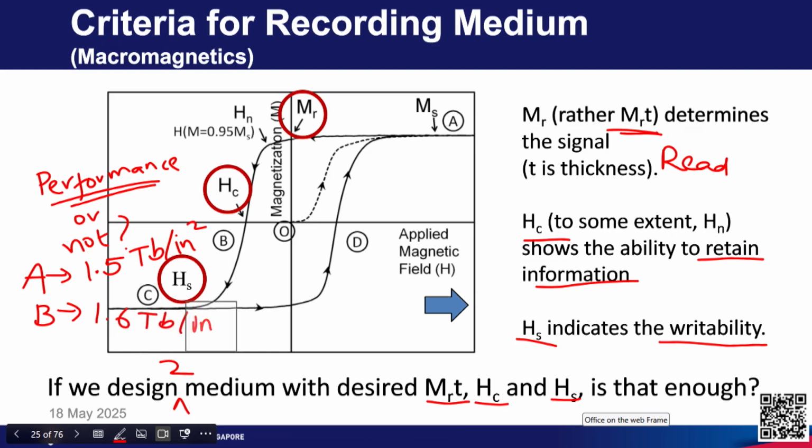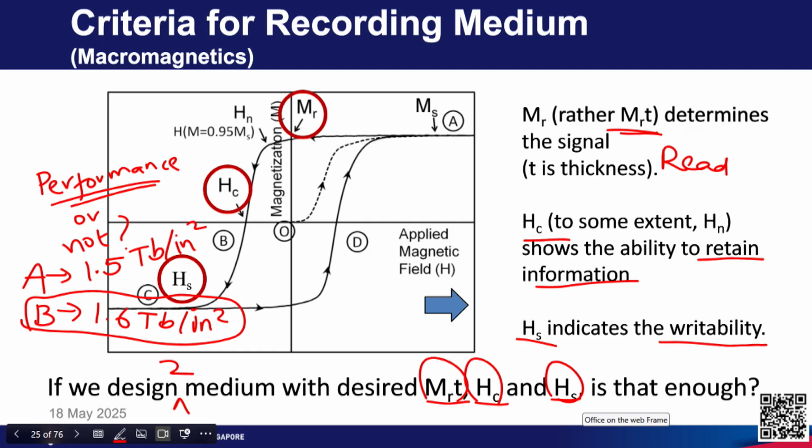So the two media A and B have almost similar values of MRT, coercivity and saturating field, but the ultimate recording density I can achieve in medium B is more compared to medium A. Why is it so?